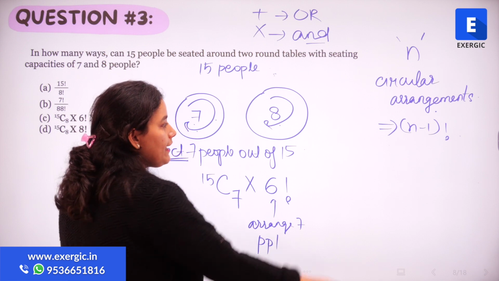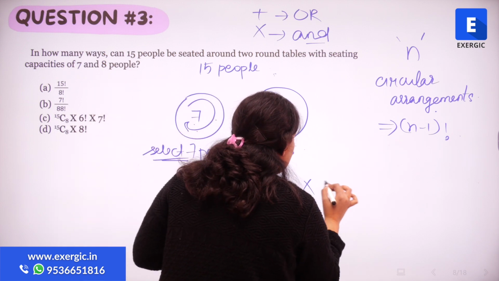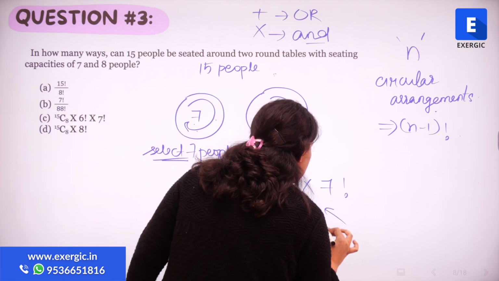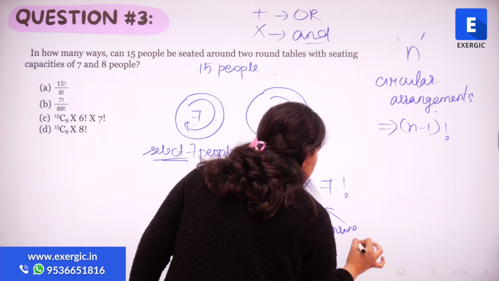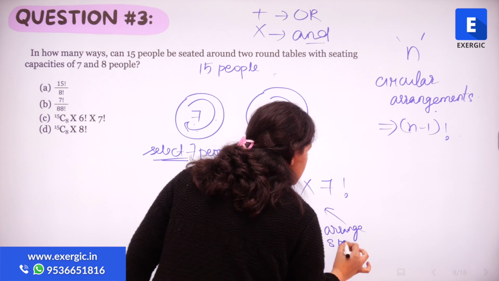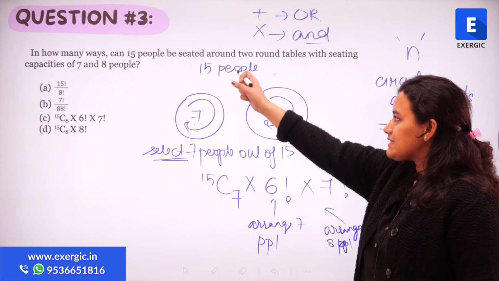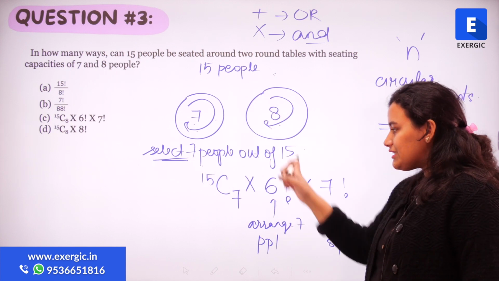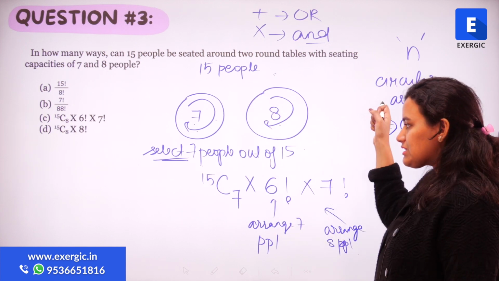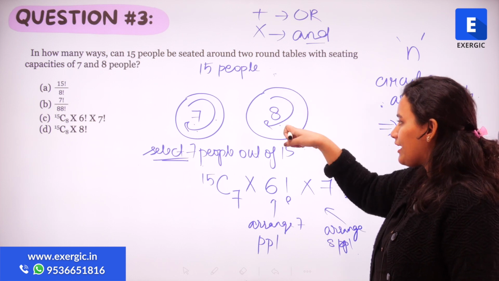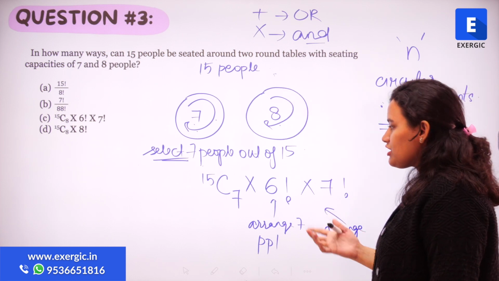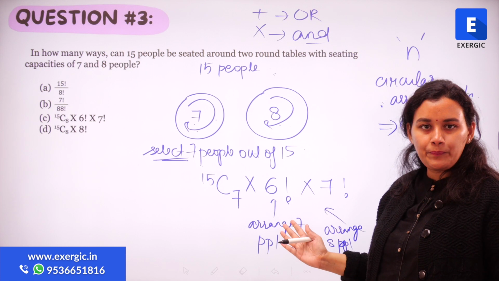It will be 8 minus 1 factorial, that is 7 factorial. So first I'm selecting 7 people of these 15, then arranging those 7 people in a circular manner, and then the remaining 8 people also have to be arranged in a circular manner, right?